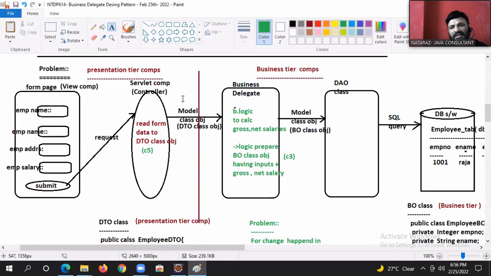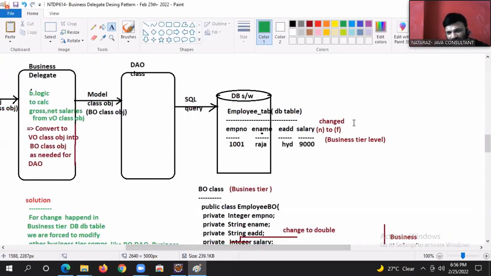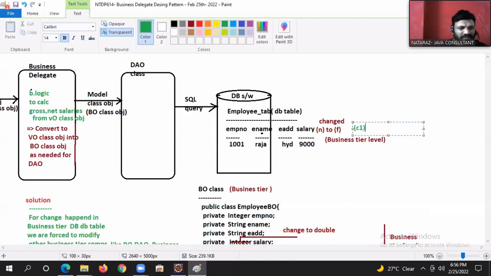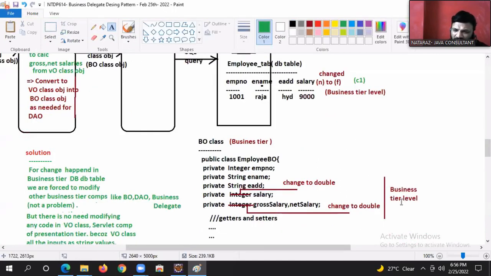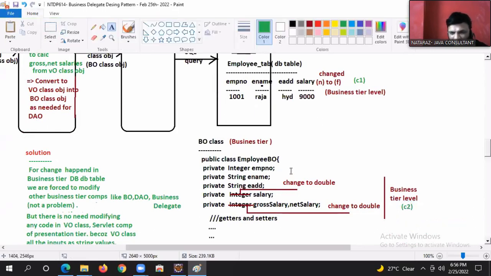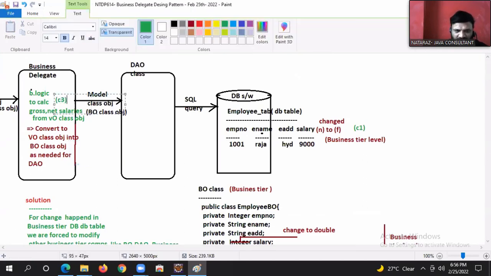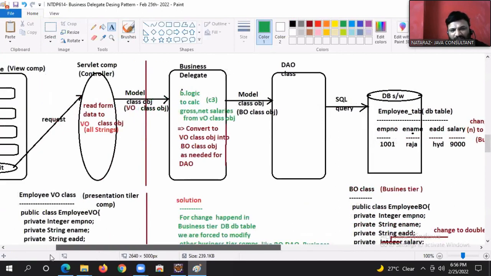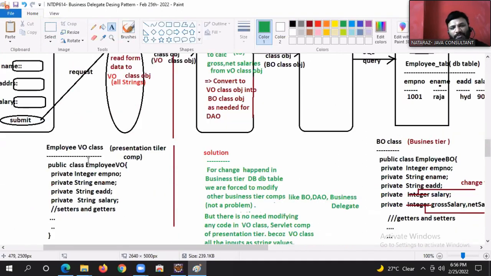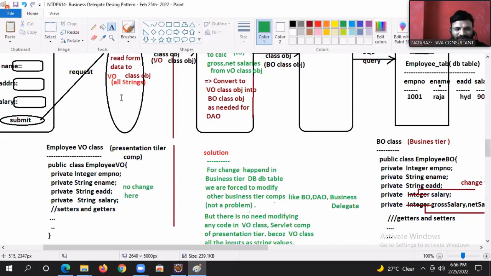Total 5 changes. Today, change 1 here also, change 2 here also, but change 3. Is there any need of touching the servlet component? No change here.